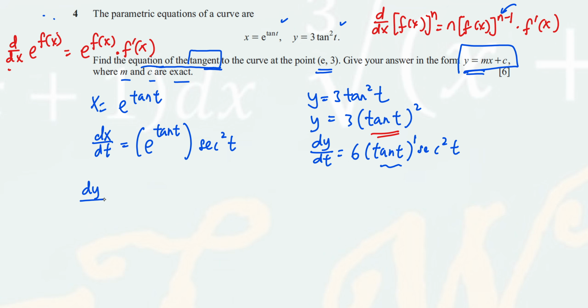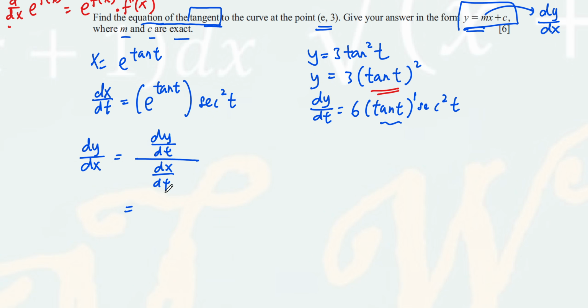And now to get dy dx, because the m here, remember just now I said it is dy dx, gradient of tangent. So dy dx is basically dy over dt divided by dx over dt. From here, 6 tangent t secant squared t, that is our dy dt, divided by e to the power tangent t multiplied with secant squared t.